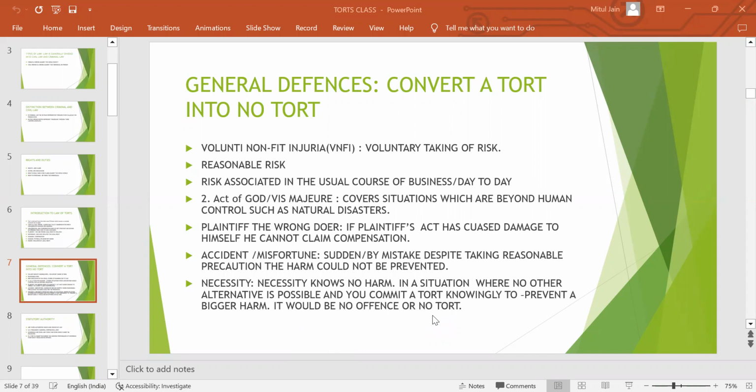Necessity knows no harm. Why do I say that? Komal, despite taking reasonable care, if something could not be prevented, then it is a case of accident.